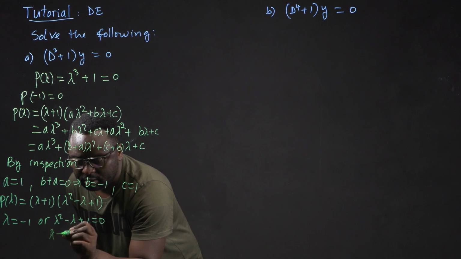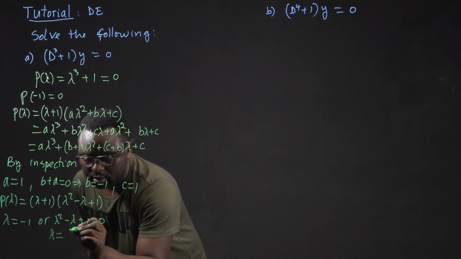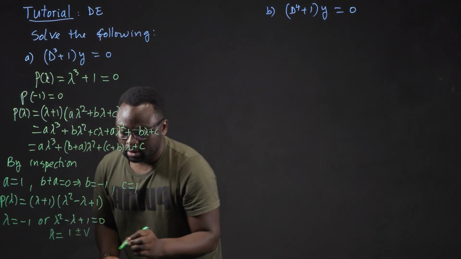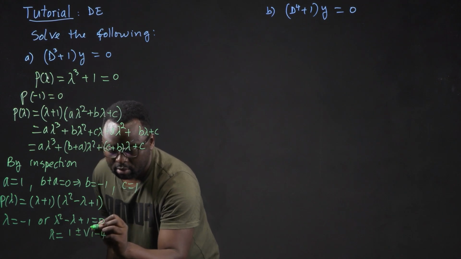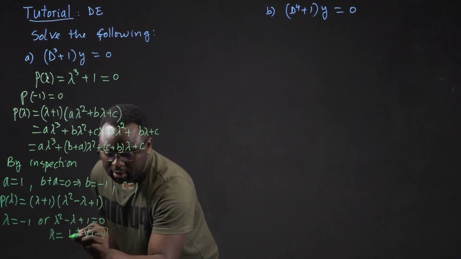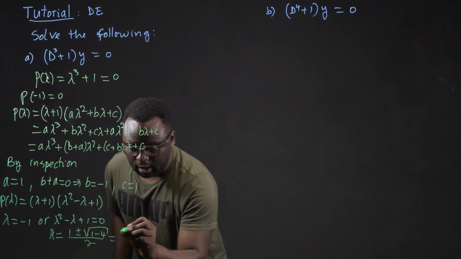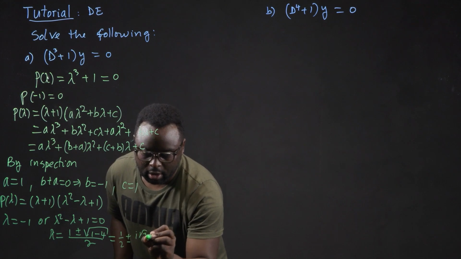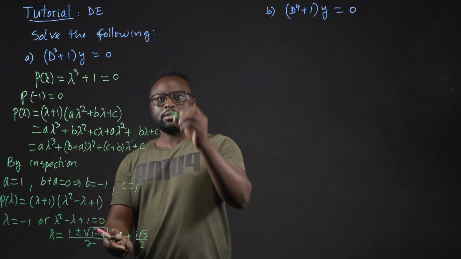So lambda is equal to, b is 1, plus minus the square root of b squared, this is 1 minus 4, times 1, over 2. This is half plus minus i root 3 over 2.